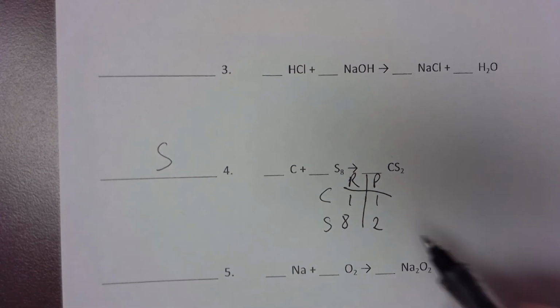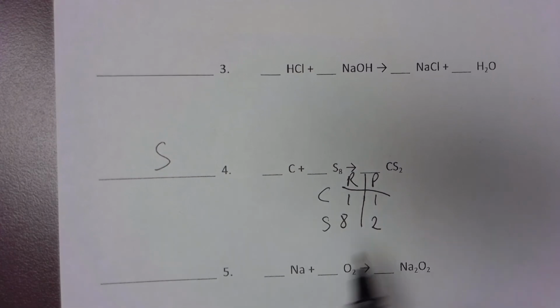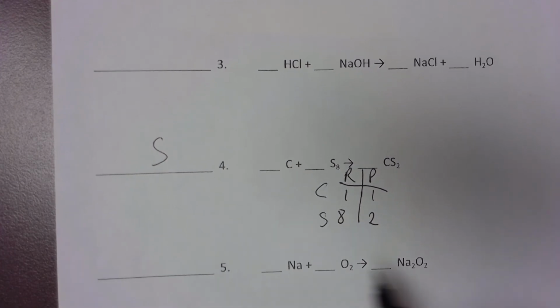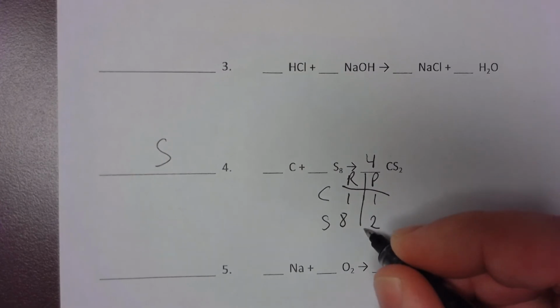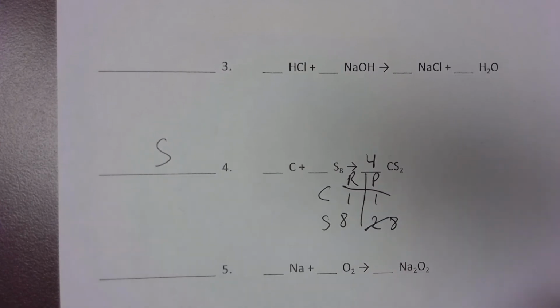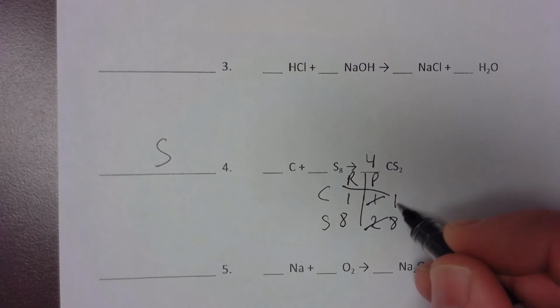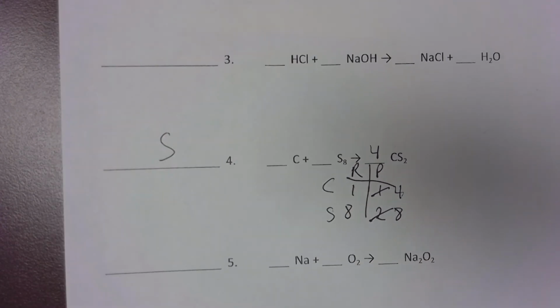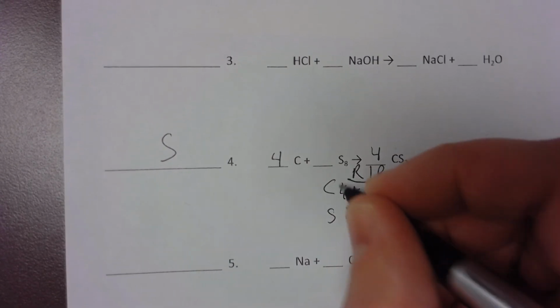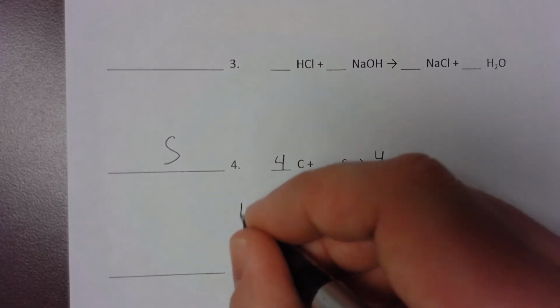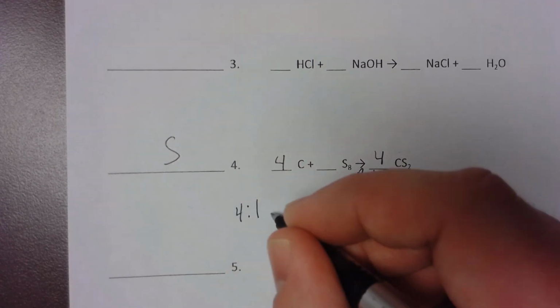So we need to make sure that we balance it out. So the easiest thing to do is just put a 4 here. But the problem with that is it balances out our S's, but it screws up our C's. So now we just do the simplest thing possible. We just put a 4 next to our C, and that balances out. So our ratio is 4 to 1 to 4.